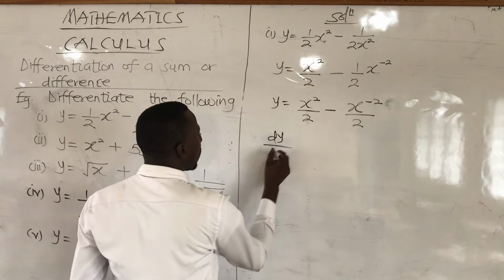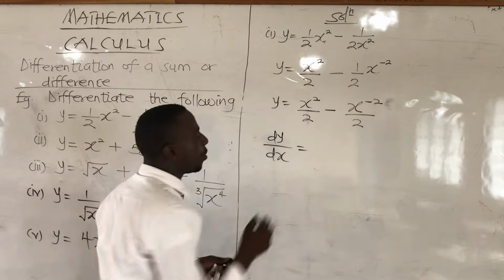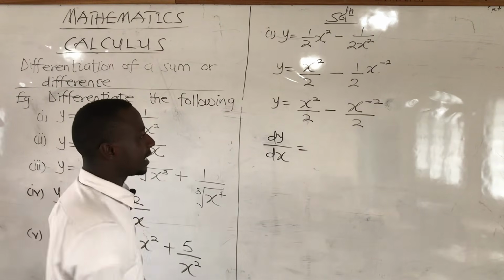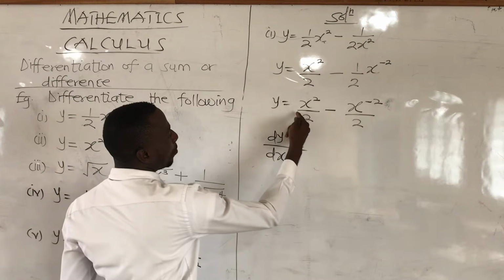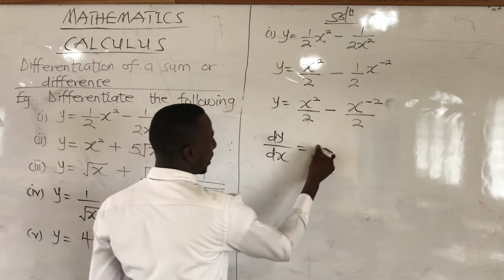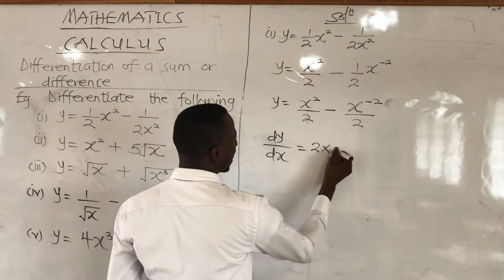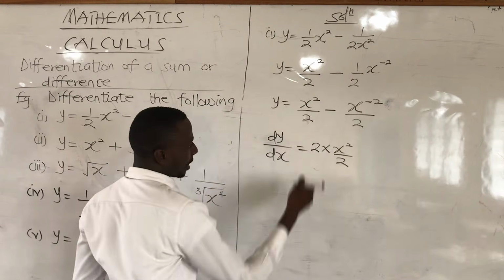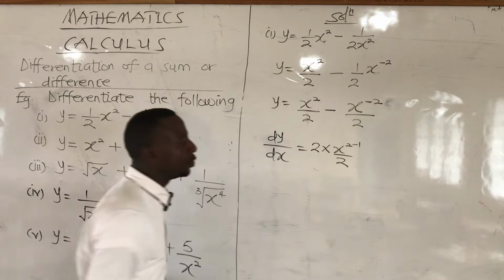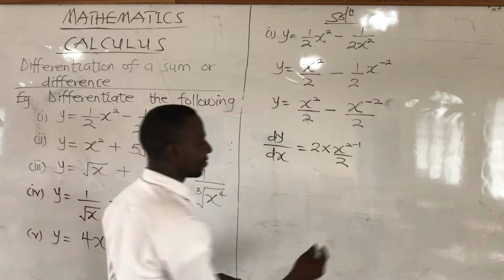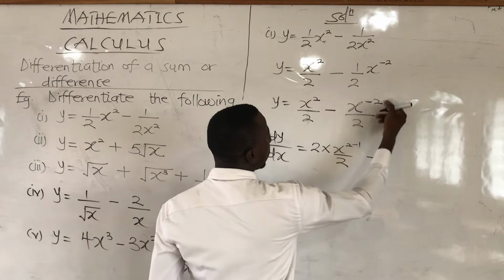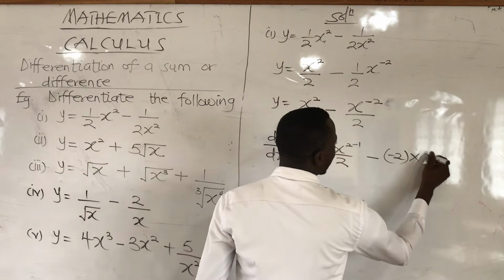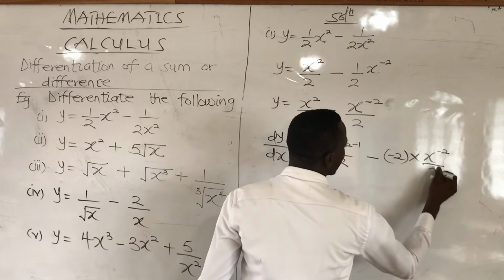So dy over dx is equal to, just as we know, anytime you're differentiating, the exponent will be multiplying the whole thing. So here we are going to have 2 times x squared over 2. We are using these two to multiply the whole fraction. Then afterwards, you will take 1 from it. Minus this whole exponent here is negative 2 times x power negative 2 over 2.